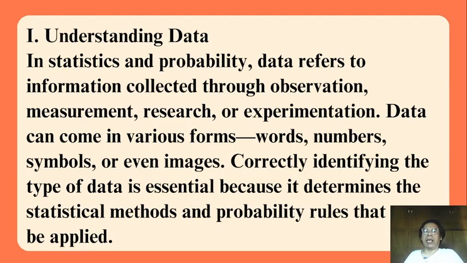It can be in the form of words, numbers, symbols, or even images. Correctly identifying the type of data is essential because it determines the statistical methods and probability rules that must be applied.